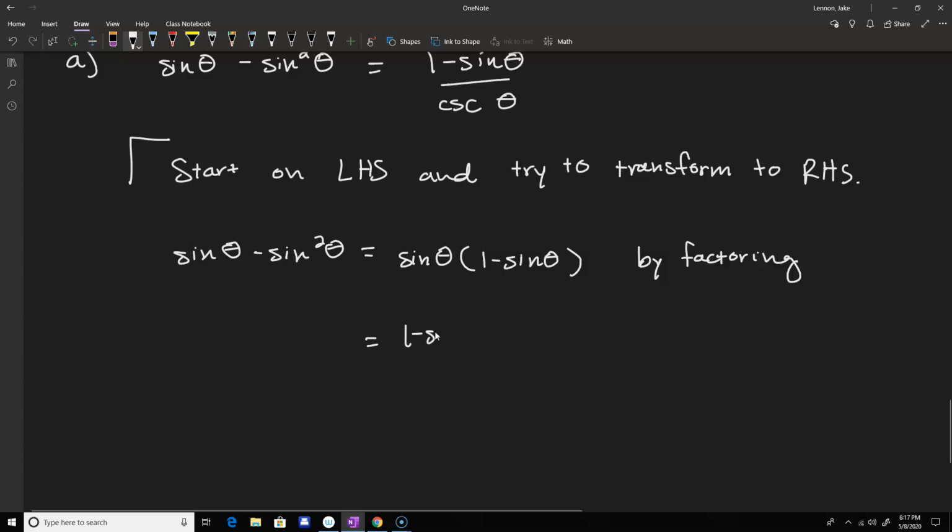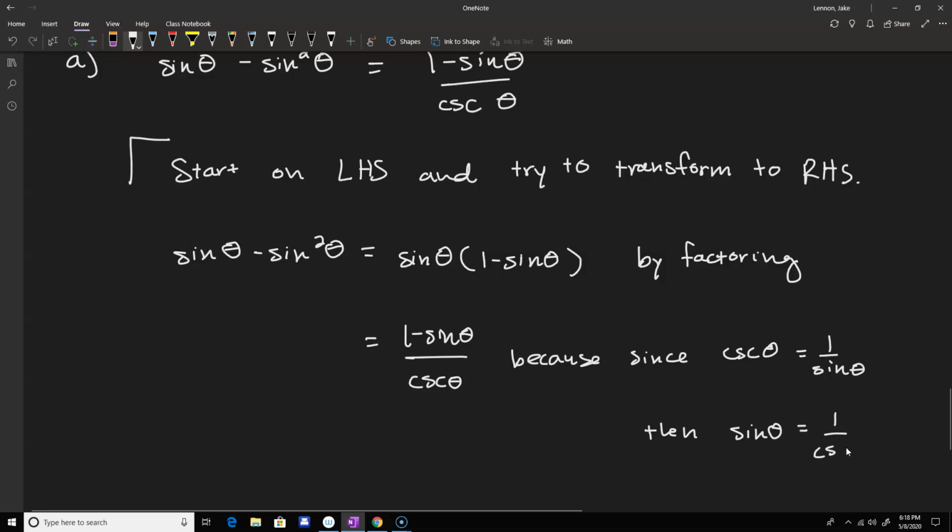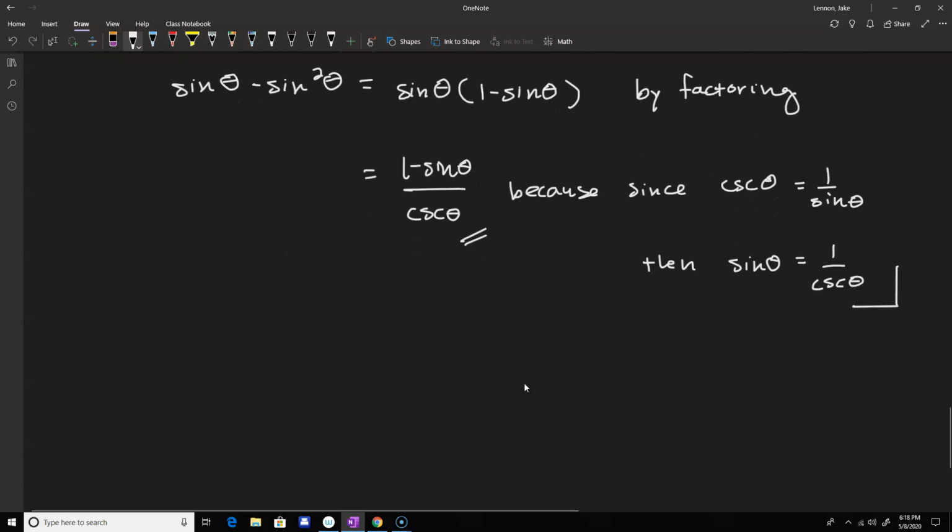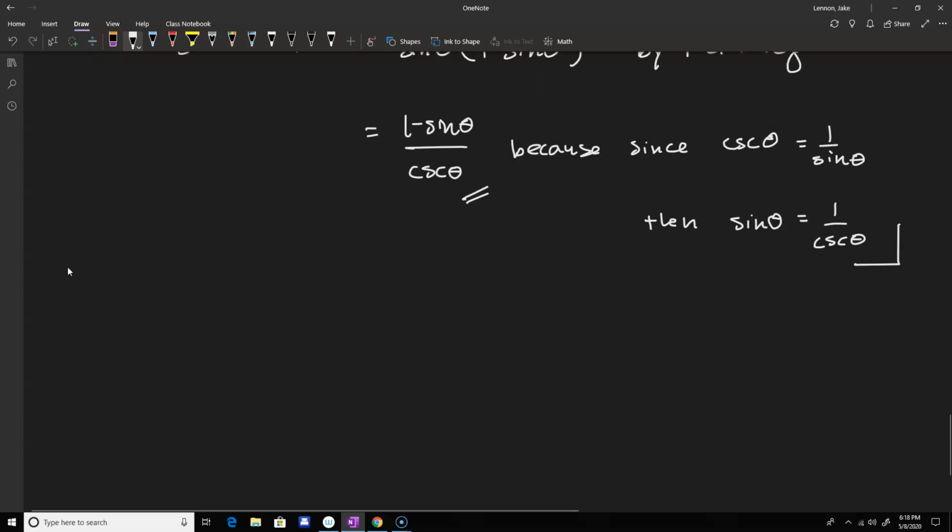We can say 1 minus the sine of theta is being divided by the cosecant of theta, since we know that the cosecant of theta is 1 over the sine of theta, then it must also be true that the sine of theta is the reciprocal of the cosecant of theta. So that would be the end of the proof right there. That was a pretty easy one, in fact.